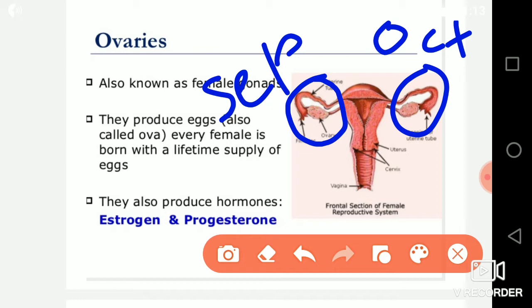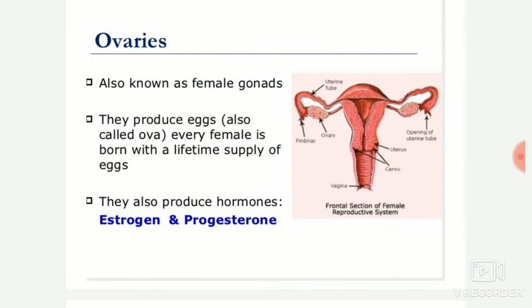After that, in the next month, November, the first ovary will again release the egg. So in every alternate month the ovum is released.